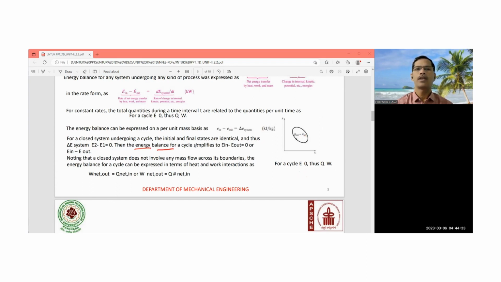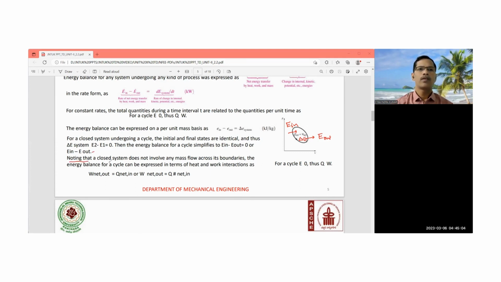Then the energy balance for a cycle simplifies to E in minus E out is equal to 0. So what you need to remember is what is the energy in and what is the energy out, and this is the delta E, right? So E in minus E out is equal to 0, right?